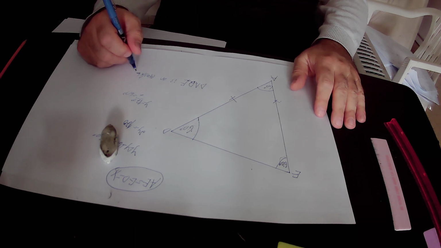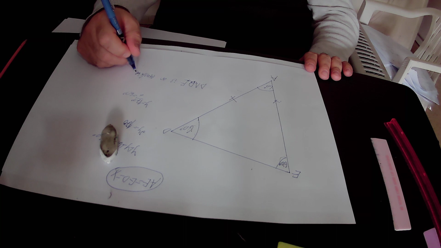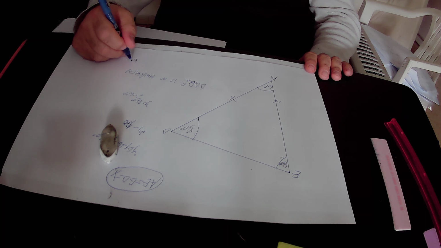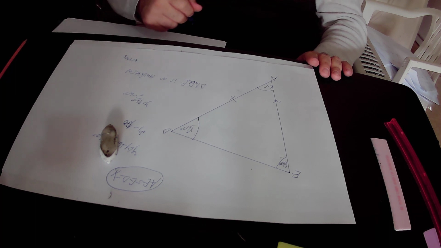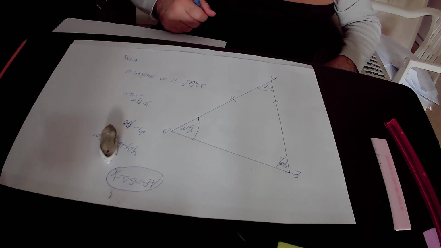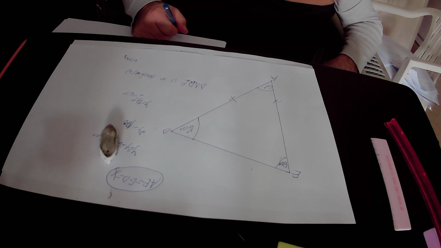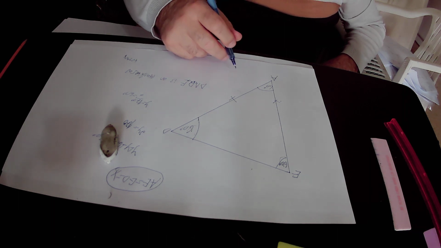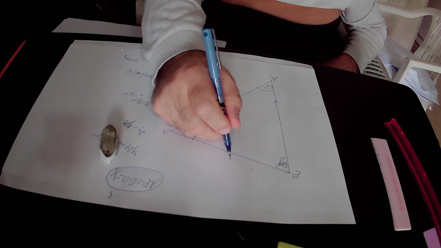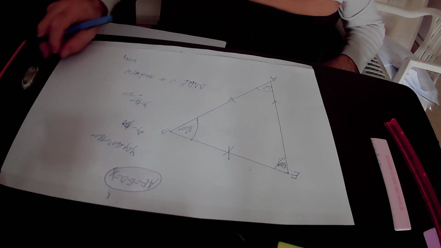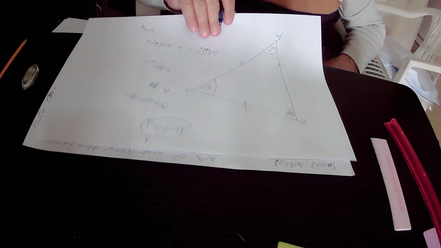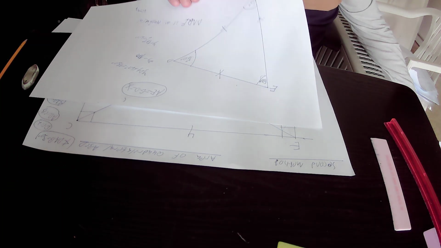In any equilateral triangle, all of its angles are equal to each other, so ED must also be equal to x, and all of its angles, as you can see from the drawing, are equal to 60 degrees.